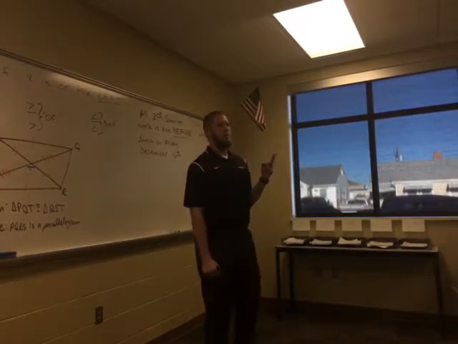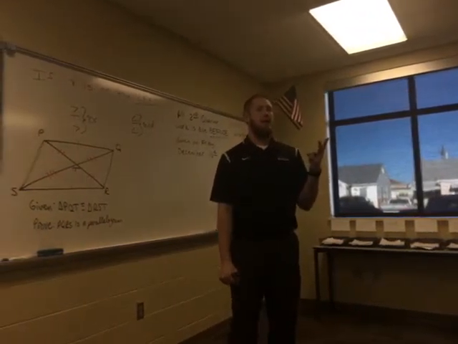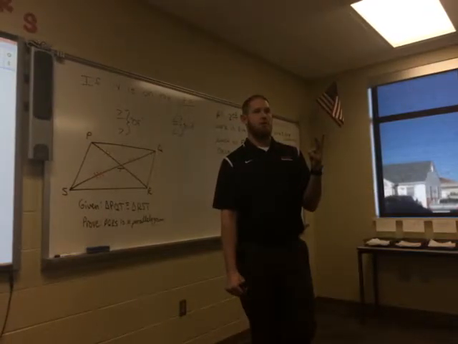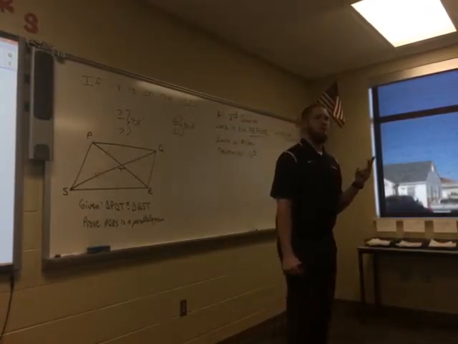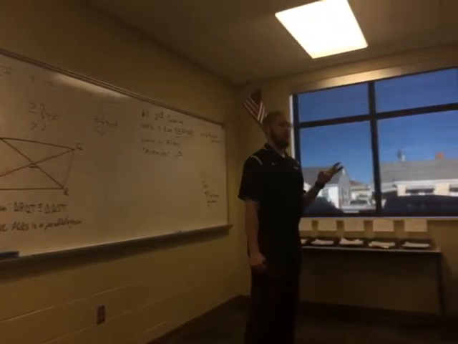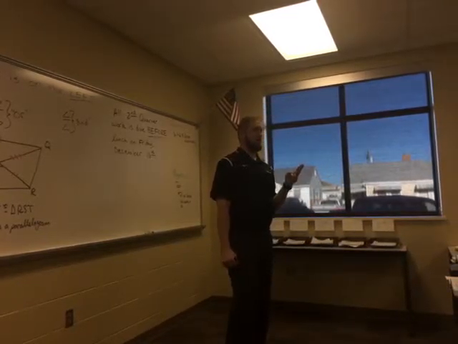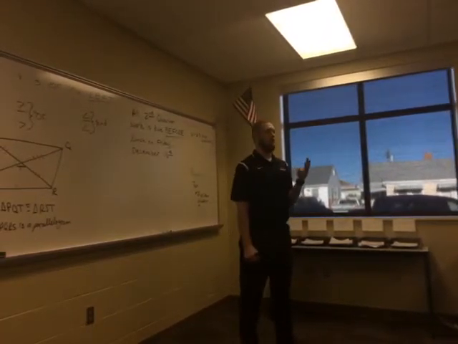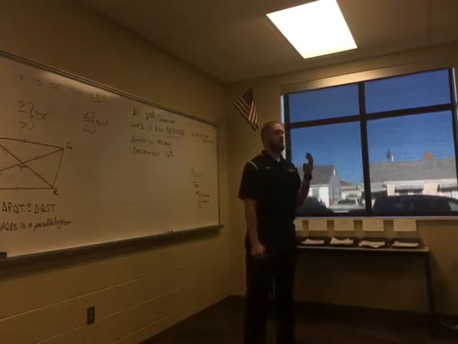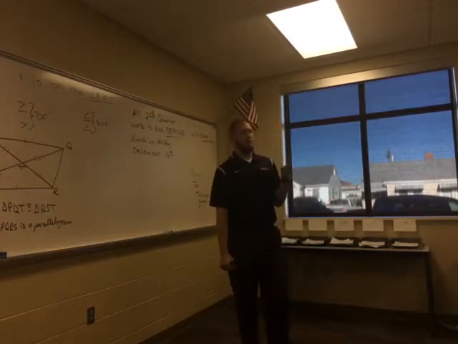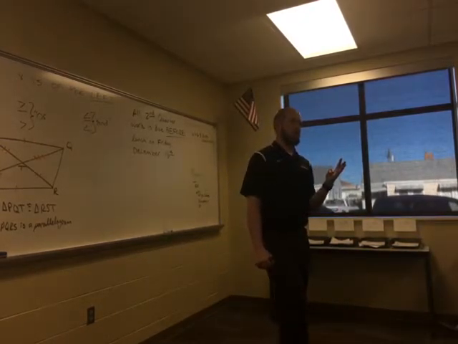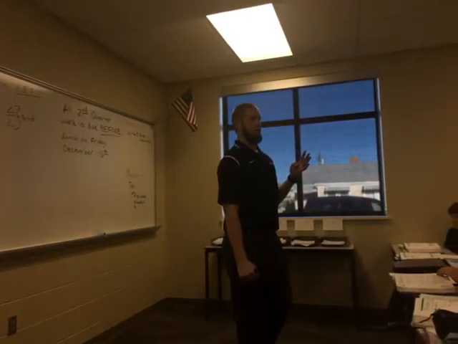Maya, what's another one? Opposite angles converse, which would mean opposite angles are congruent. Paige? Consecutive angles converse, so consecutive angles are supplementary. Carly? Diagonals bisect converse, which would mean that if diagonals bisect, then it's a parallelogram.